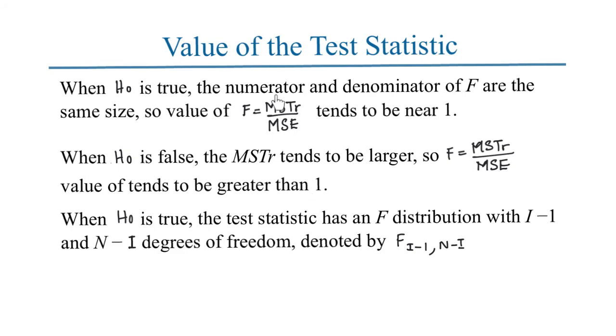If you are dividing a larger number by a smaller number, it will be greater than 1. When H0 is true, the test statistic F has a distribution with I minus 1 and n minus I degrees of freedom, and we usually denote it by F with I minus 1 comma n minus I as a subscript.